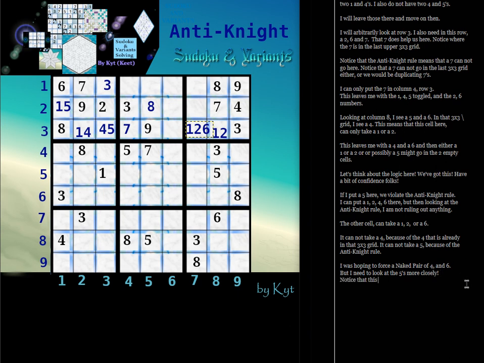Notice that this 5 in row 4 does something way cool. It bans a 5 in column 6, row 3.